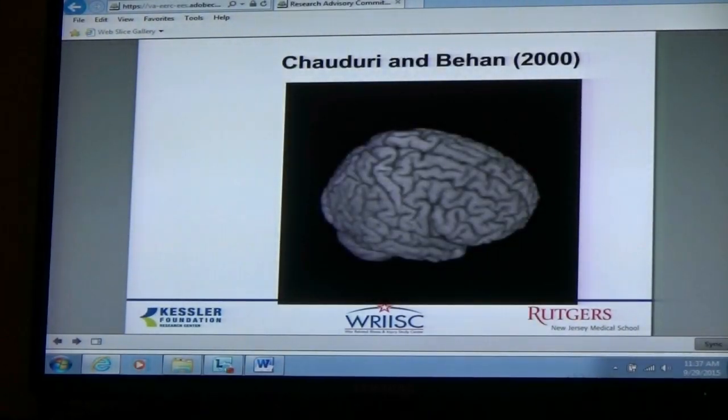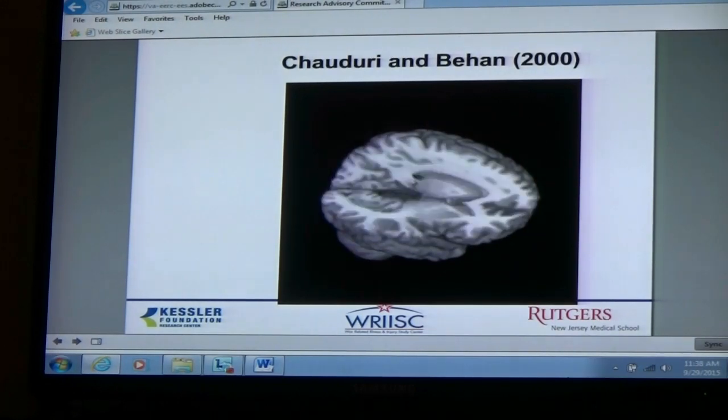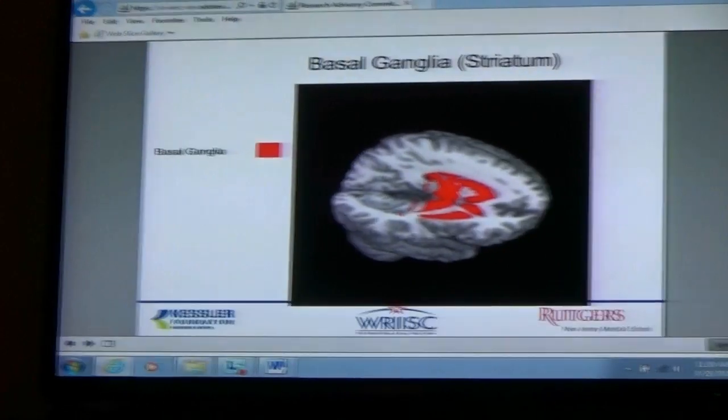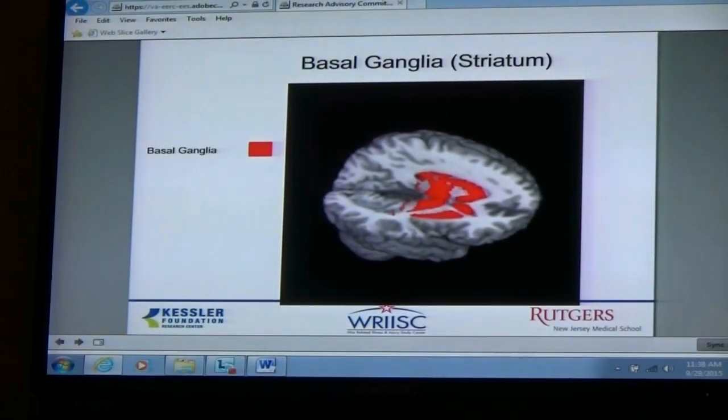And indeed, in 2000, Chaudhuri and Behan came up with this model of fatigue. They based it on Parkinson's disease, where fatigue is a big problem. It's one of the ways you diagnose Parkinson's disease. So if we cut open the brain, they said the basal ganglia is important for fatigue because Parkinson's disease attacks the basal ganglia. I painted everything in the basal ganglia here, and other areas too.